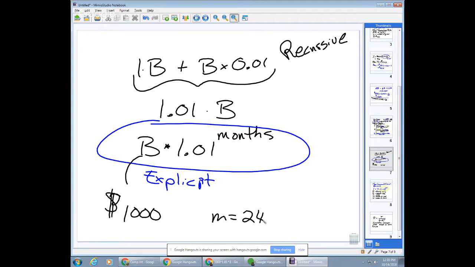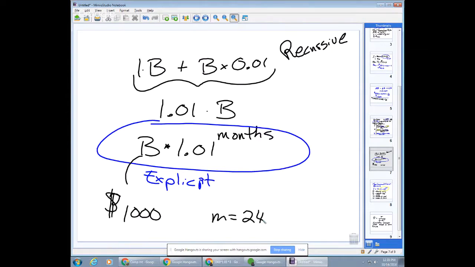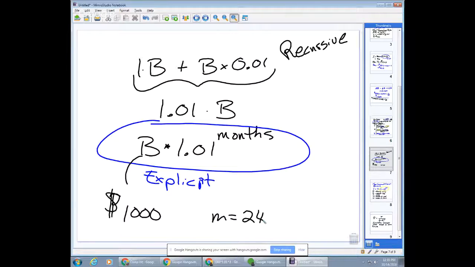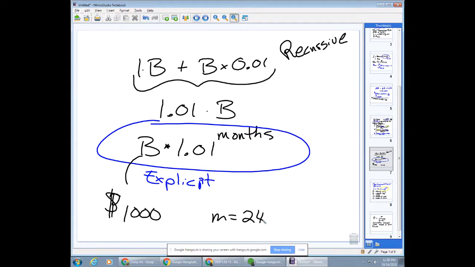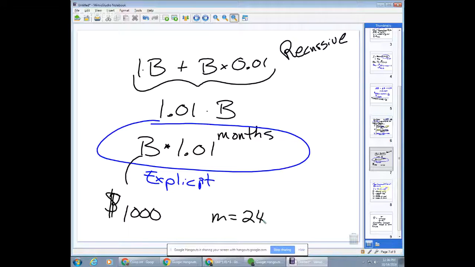Enter, and then times 1,000. Something went wrong. Let me give it a try. Clear. Oh, 1.01. I can't read what I wrote on the board. That looks more like it.